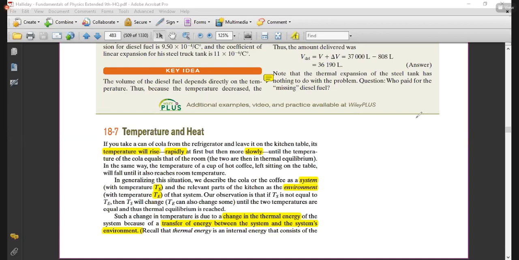Okay, when you have two objects like here, they have given us the example of the cola can. Let's suppose you pull it out from the fridge or the refrigerator. What will happen is that you will place it, and after some time you will see that its temperature increased up to the atmospheric temperature.